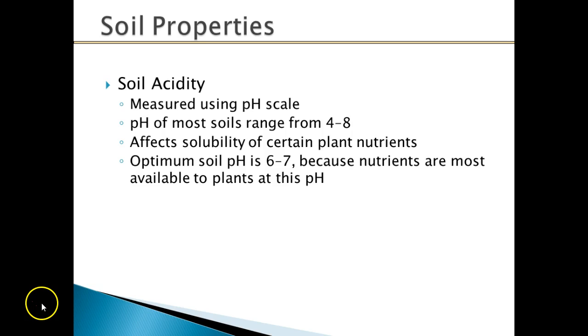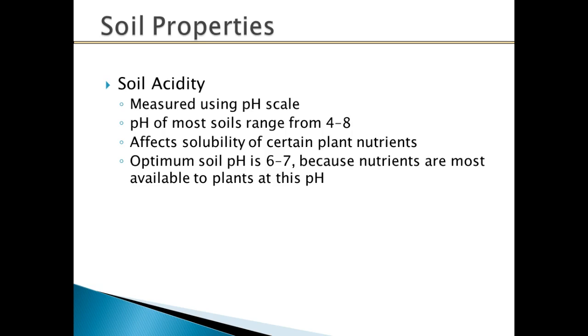We've talked a little bit about pH, and I want to talk to you about it as far as pH of soil. Remember the range of tolerance that we talked about: too much, too little, and just right. So the pH soil range, or that range of tolerance for most producers, is going to be about 4 to 8 on the pH scale.